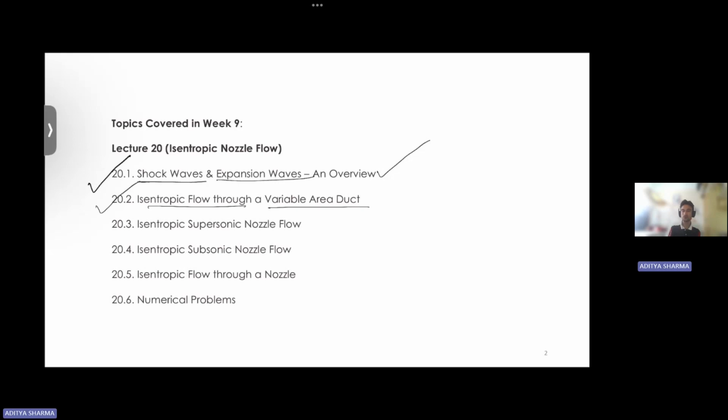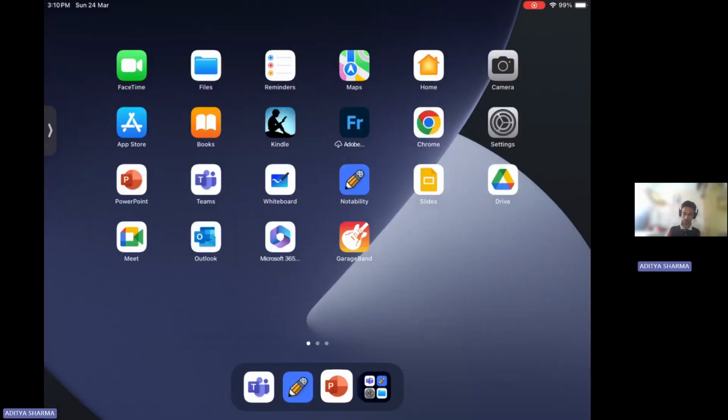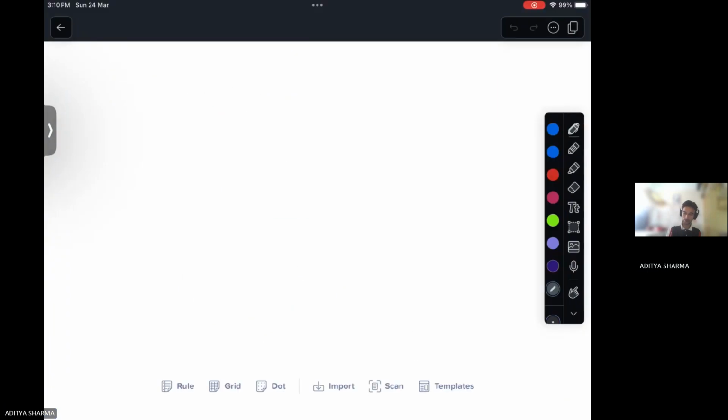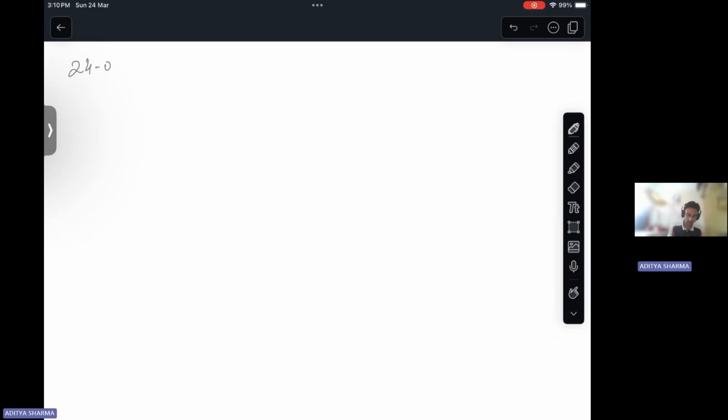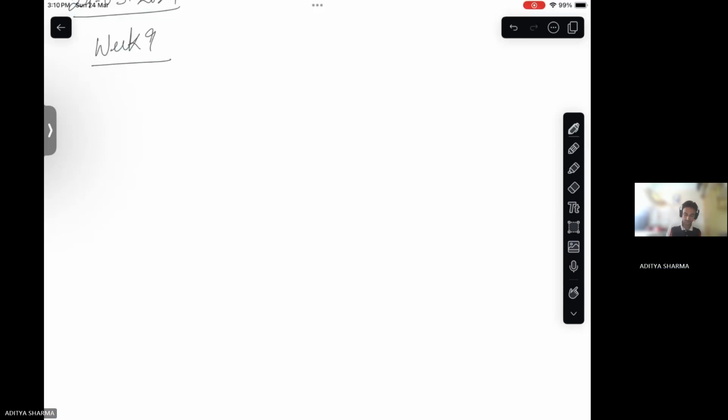There we saw how the flow behaves with the area. Let me draw a nozzle.